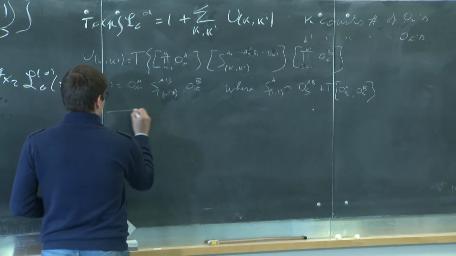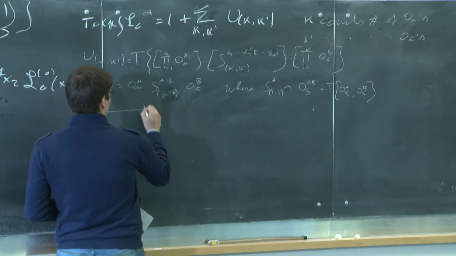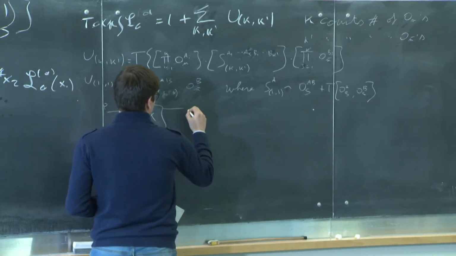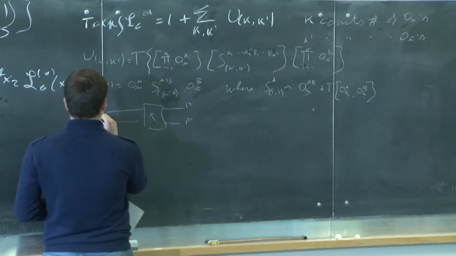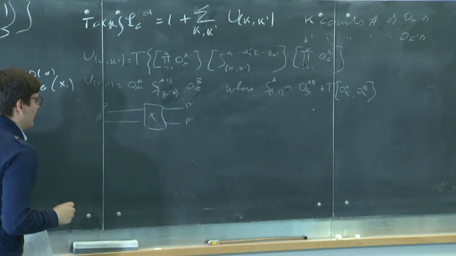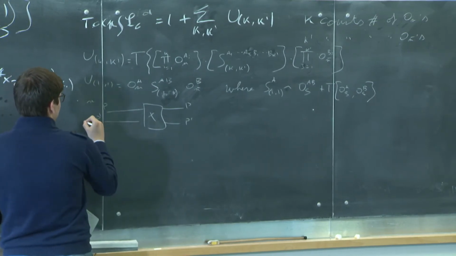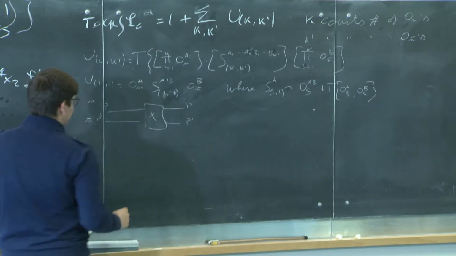Let's say take P, something happening in the middle, P prime, where this is in the n direction, this is in the n bar direction.